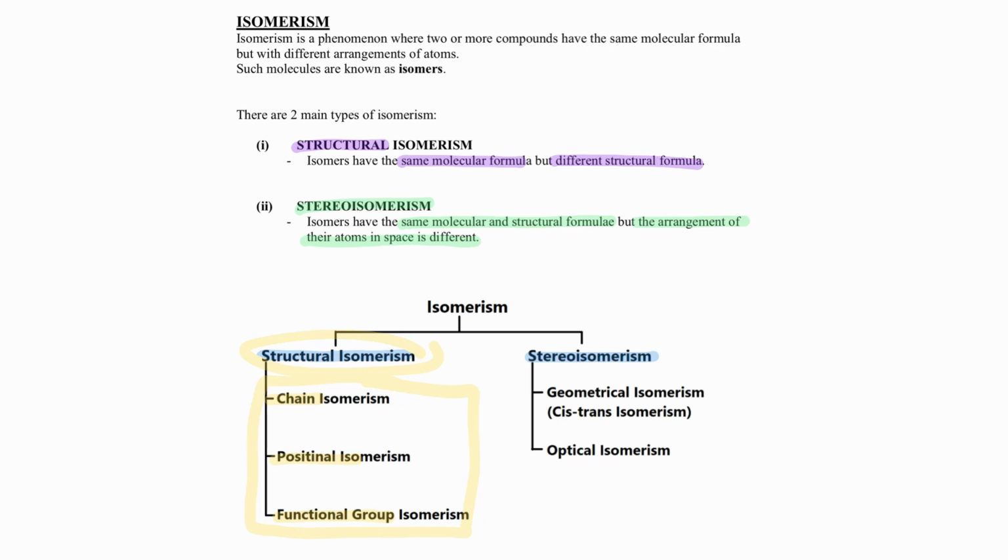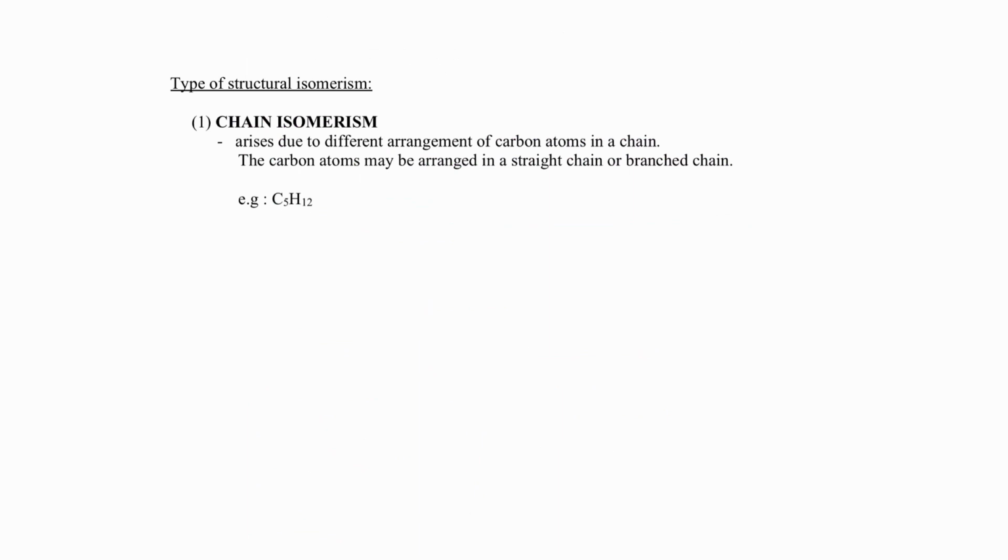So we have to list down 3 of them. Now, we will move into them in detail. First of all, we will go into chain isomerism.